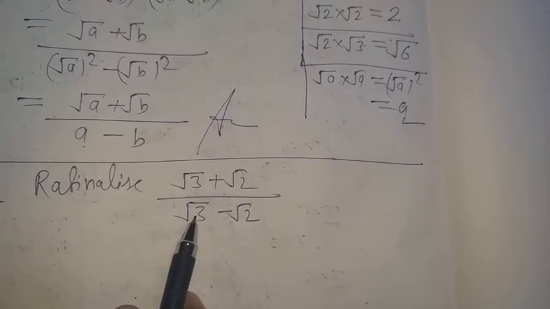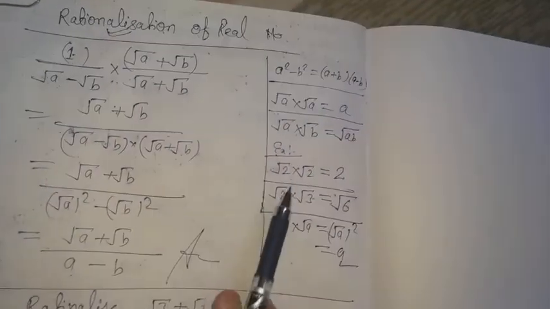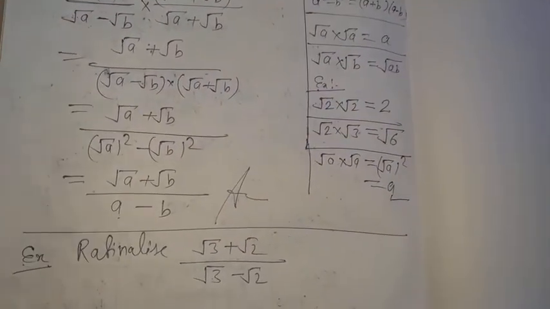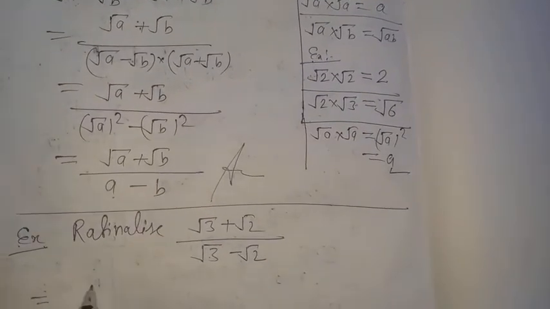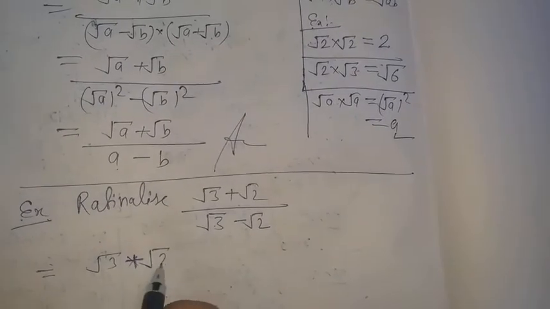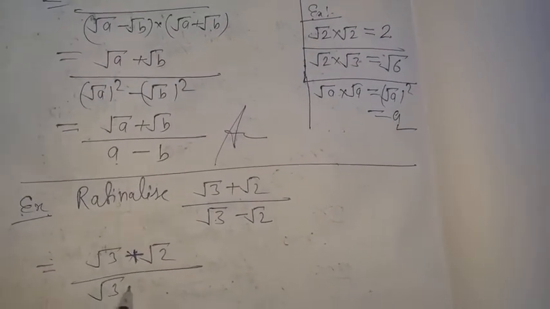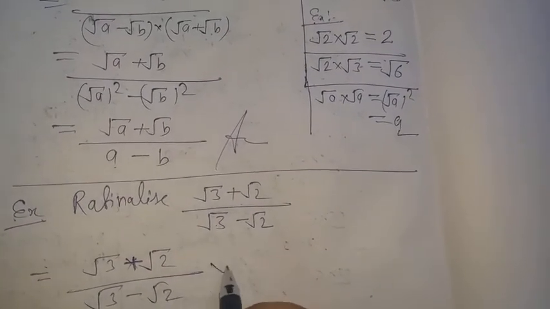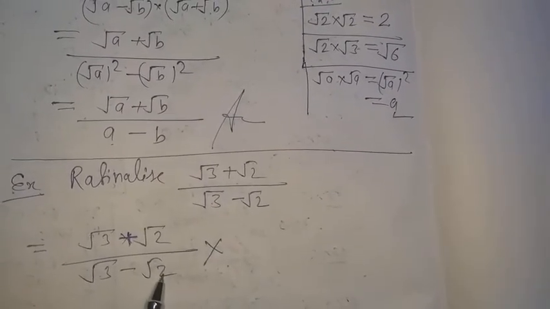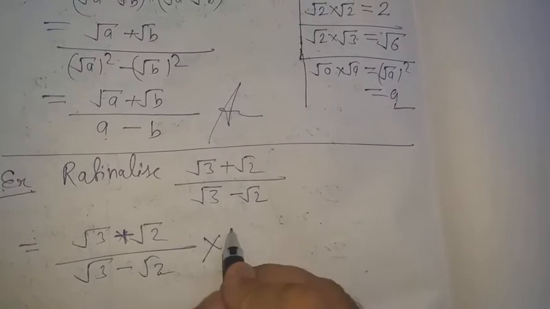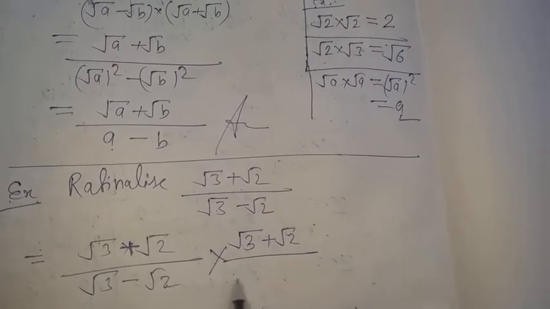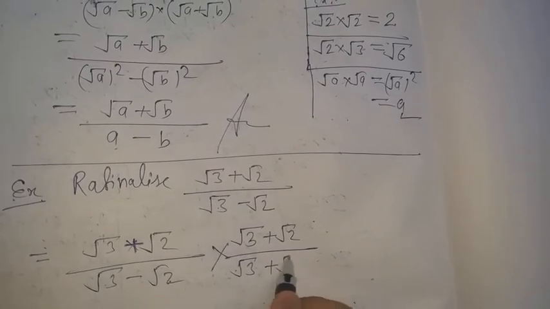We require one root 3 and one root 2, because we know that root 2 into root 2 is 2. So what will we do? For root 3 plus root 2 upon root 3 minus root 2, we will multiply the numerator and denominator by root 3 plus root 2.